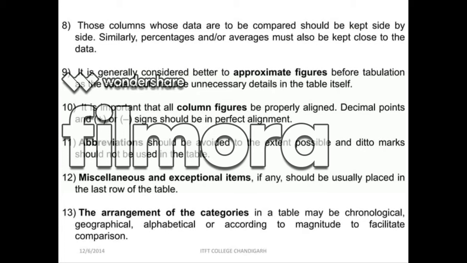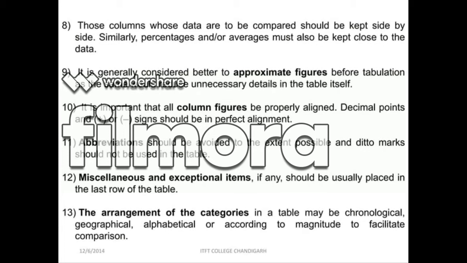The ninth principle, it is better to approximate figures before tabulation, as this would reduce unnecessary details in the table itself. The 10th principle, it is important that all column figures be properly aligned.